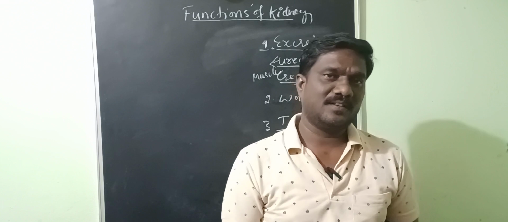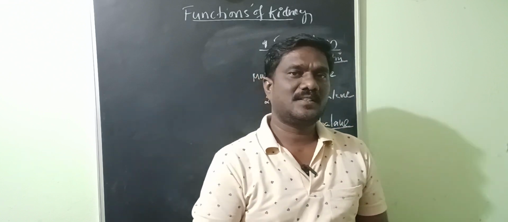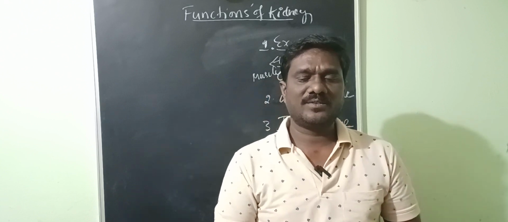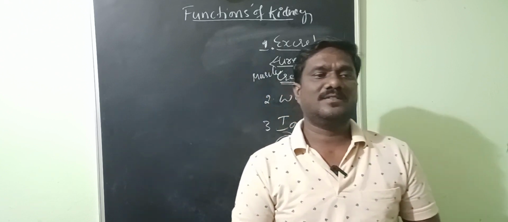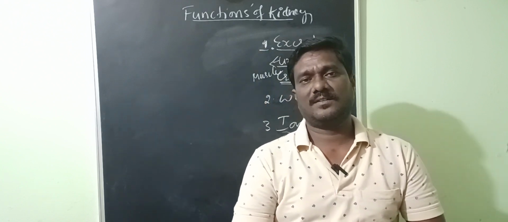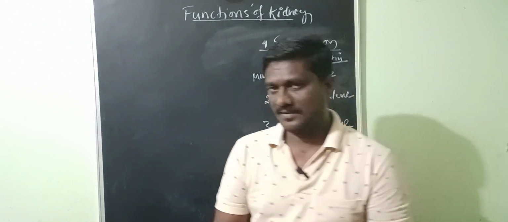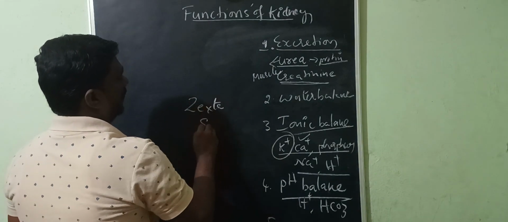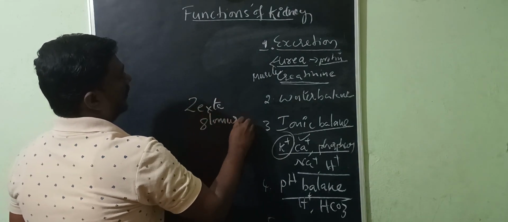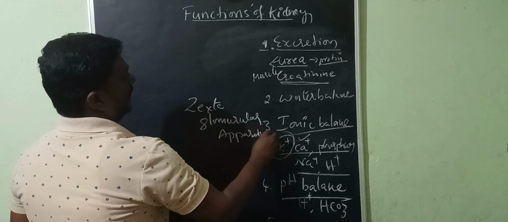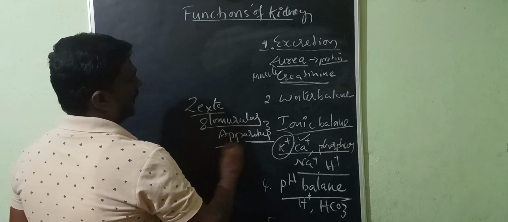Next, it acts as an endocrine gland. Some cells in the kidney are modified into the juxtaglomerular apparatus.